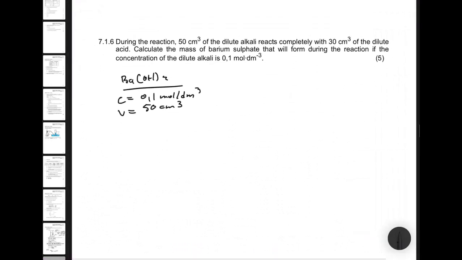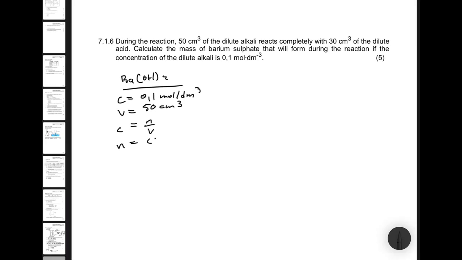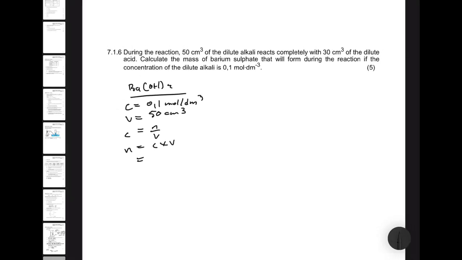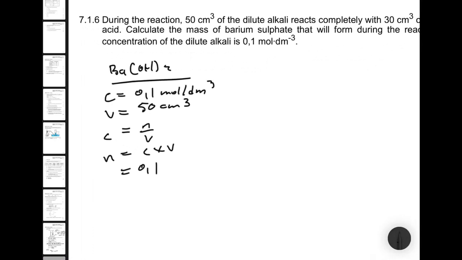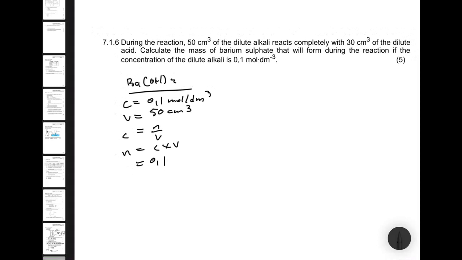So here we're going to have the concentration is equal to the number of moles divided by the volume. If you make the number of moles the subject of the formula, you get concentration multiplied by volume. So what's the concentration? The concentration is 0.1, and what is the volume? The volume is 50 cm³, right?